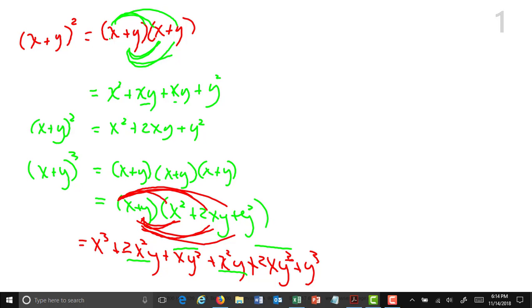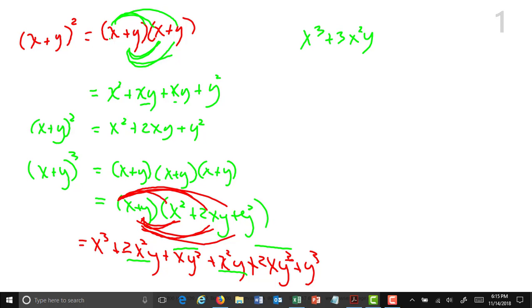So let's combine terms. What do I have? I have x cubed. That hasn't gone away. How about here? I have 2 x squared y animals, and over here I have an x squared y animal. So how many x squared y animals have I? 3? 3 x squared y animals, yeah?